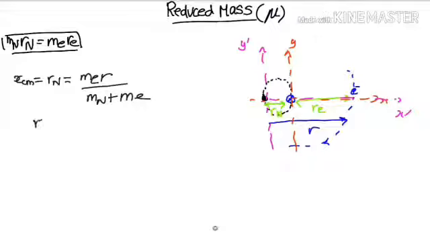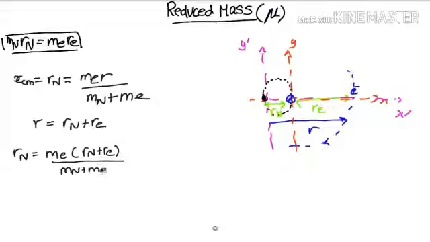And you know that R is equal to Rn plus Re. So we can say that Rn is equal to me times Rn plus Re, divided by mn plus me.